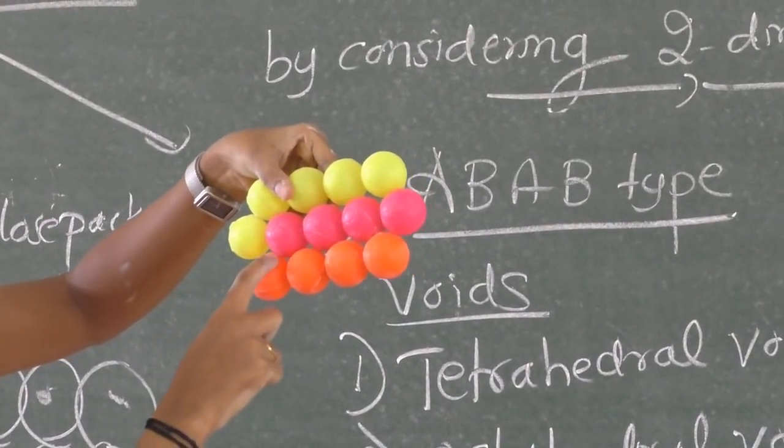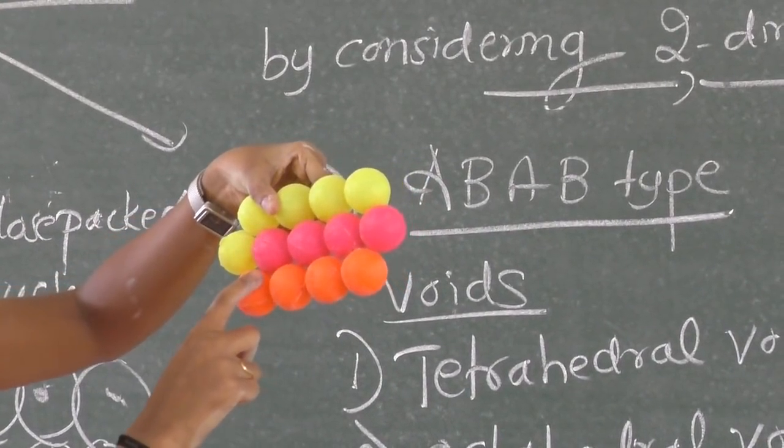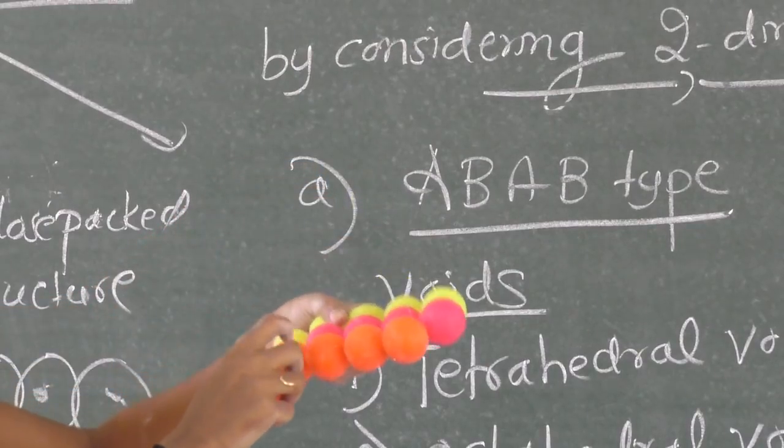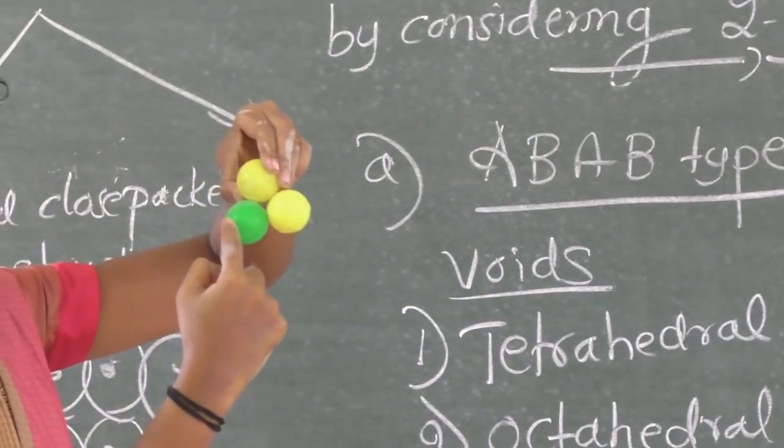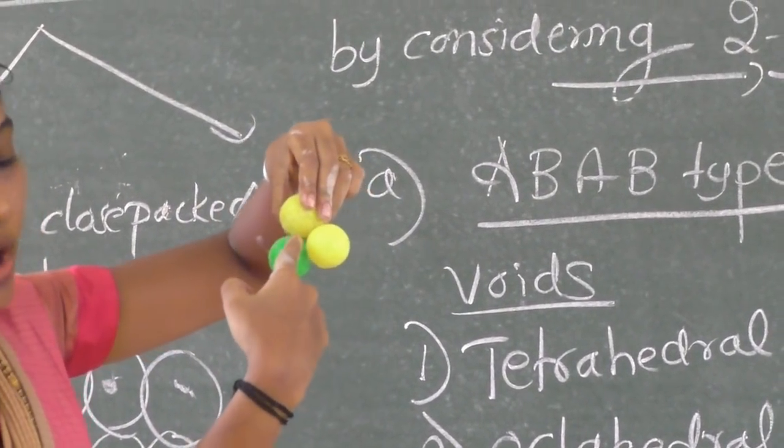Between the three spheres, we have some space, that is void. So between these three spheres, there is a space called void.